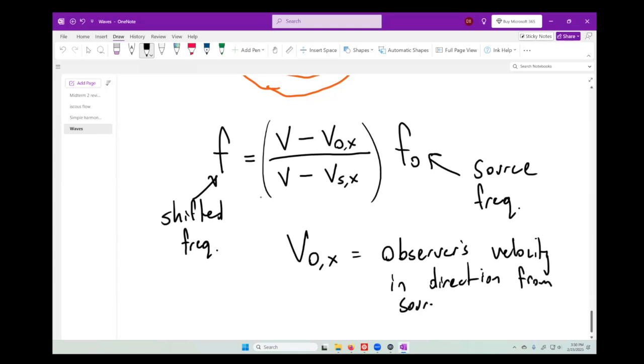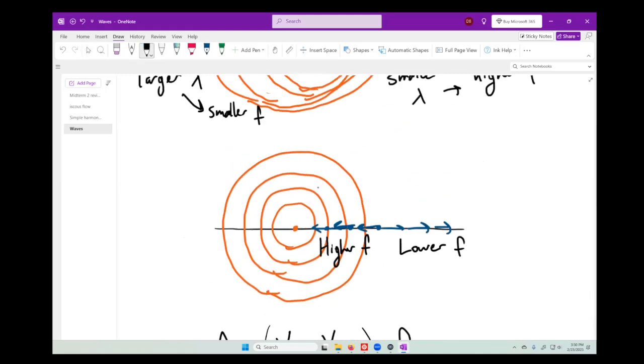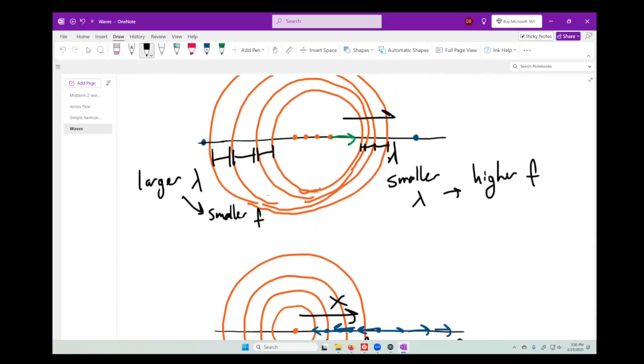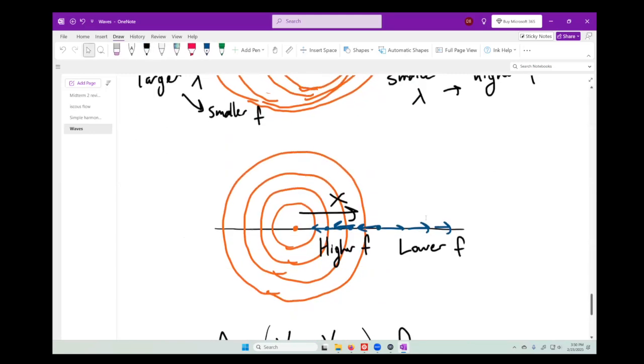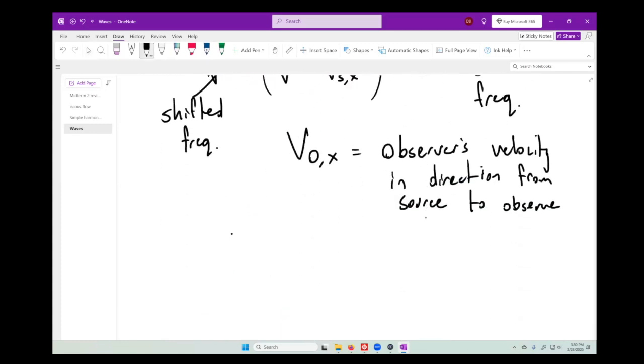So our x direction is the direction from the source to the observer. Here, this would be x. Here, this would be x. And V_S sub x is the velocity of the source with that same orientation.